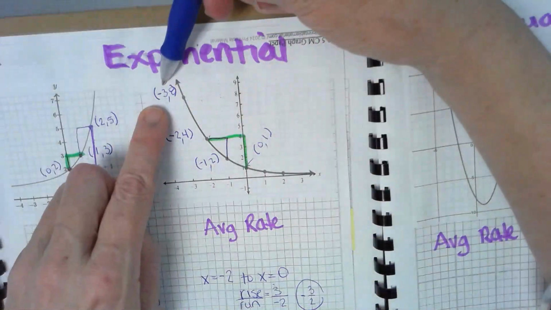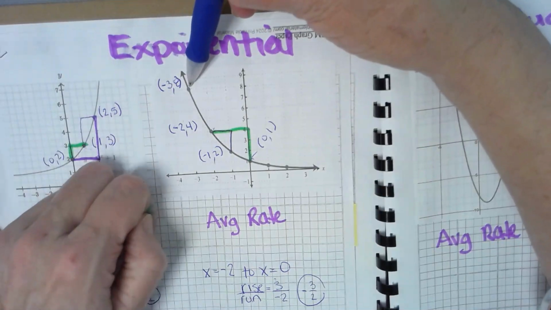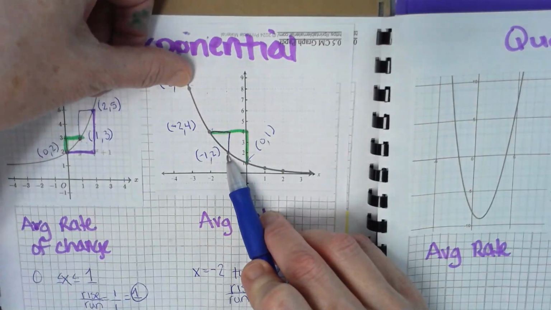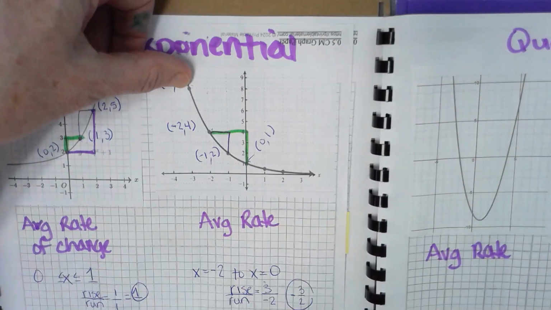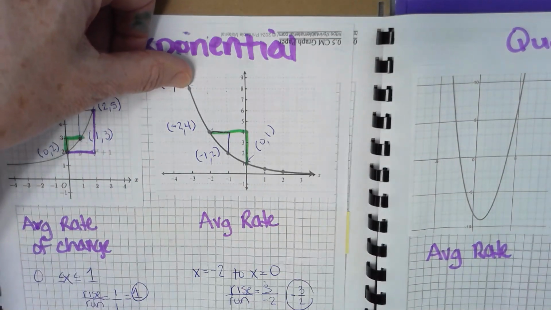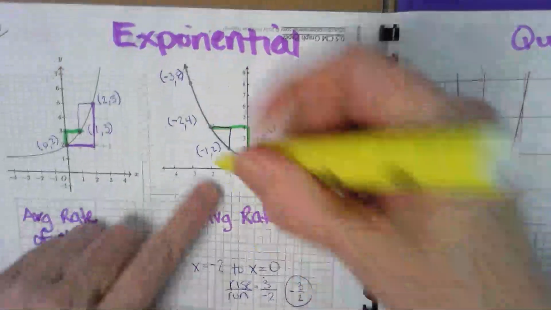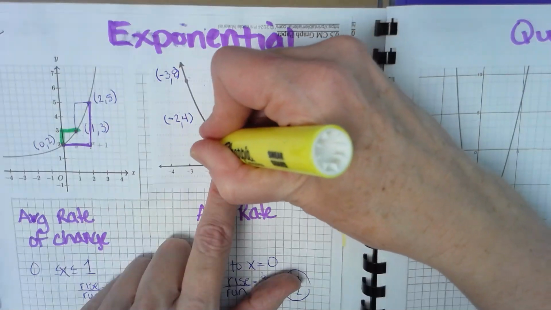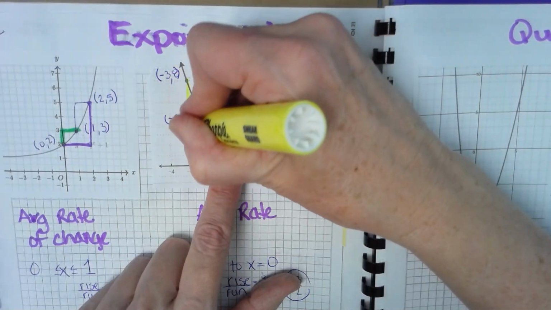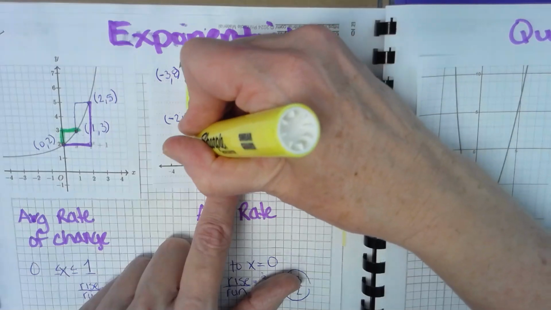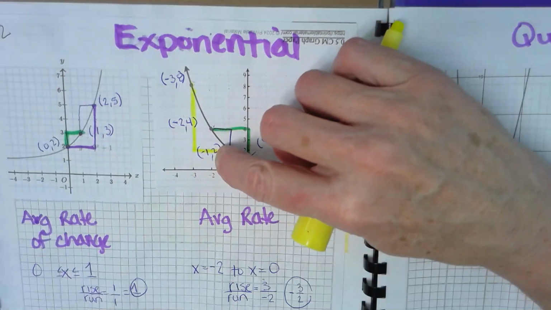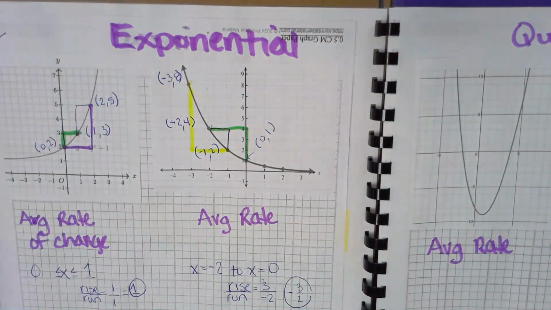Okay, well, here's where x is -3, and here's where x is -1. Check that out. And y'all, for this one, so that it doesn't get confused with the rest, I'm going to go under. So here's where x is -1. Here's where x is -3. So now, there's the rise and run. Okay, so let's count.